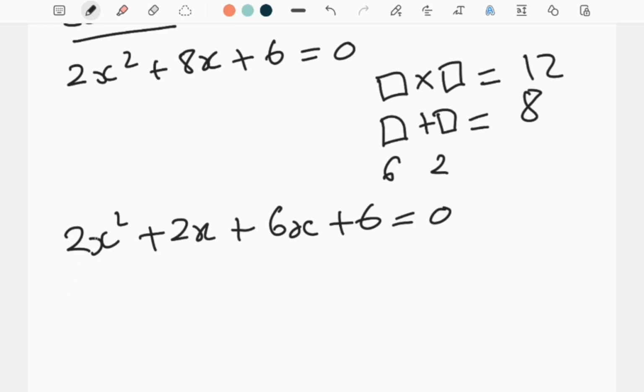So if we factorize this part, we'll have 2x times x plus 1.